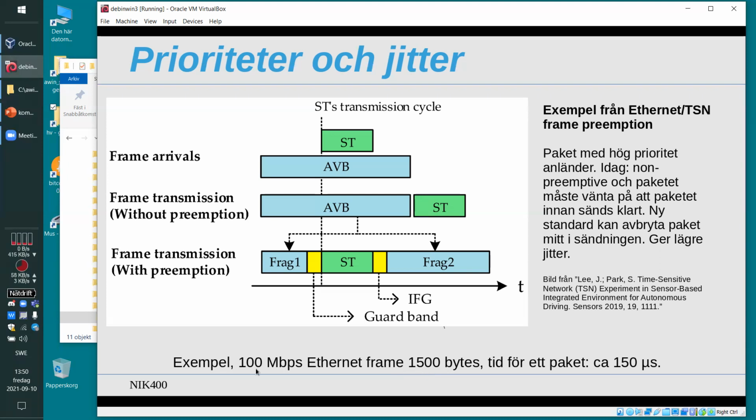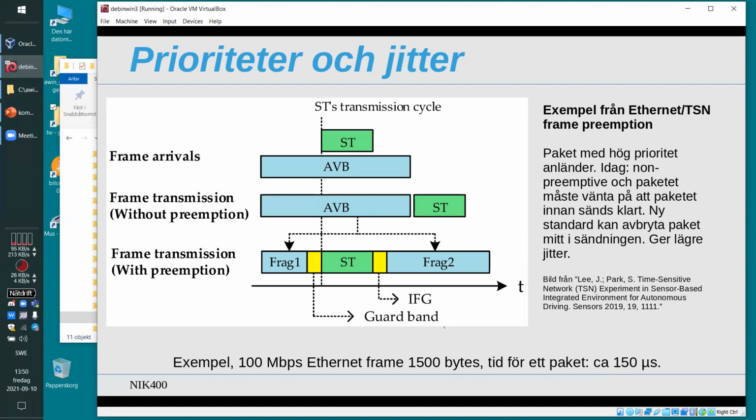And if you just compute the bit speed here with the number of bits to send, you can calculate that it's approximately 150 microseconds, the time to send one packet. And if you're a high priority packet, if you have bad luck, you need to wait 150 microseconds before your packet will be sent.